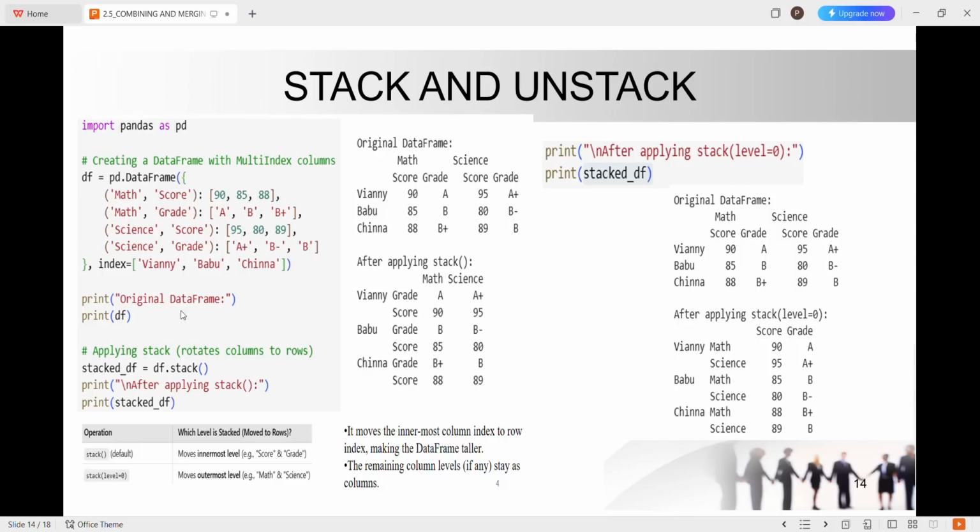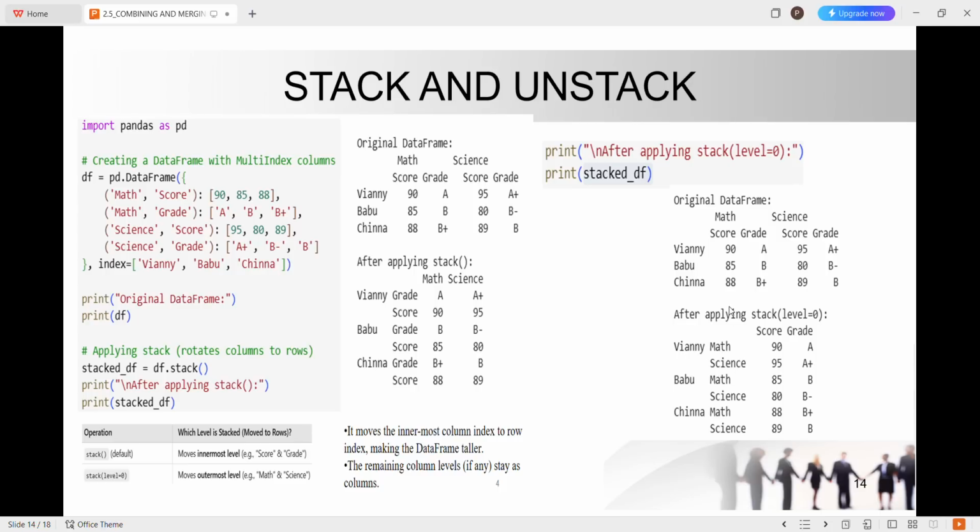After getting this stack output, we once again apply the stack command with level equal to 0. That means it is going to move the outermost level. That is, math and science, which are in the outermost level, are going to move into the rows one after the other.